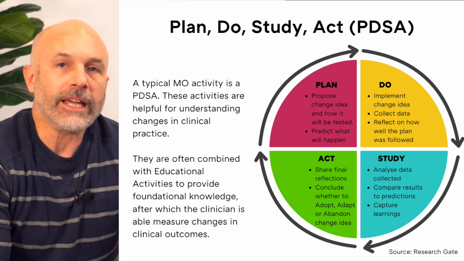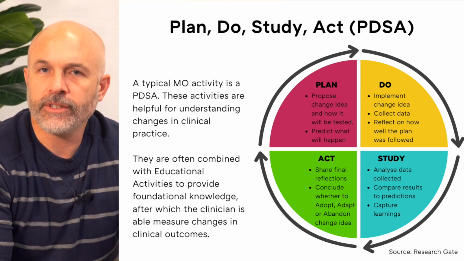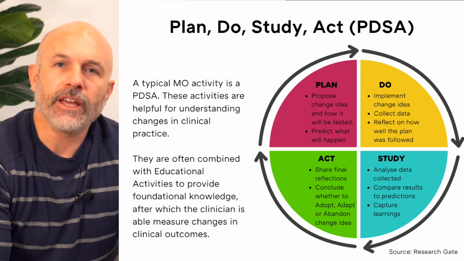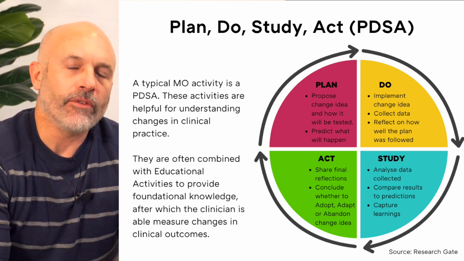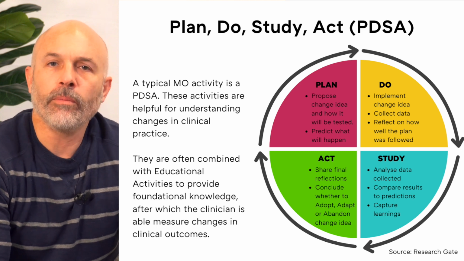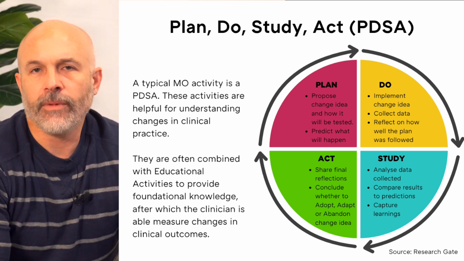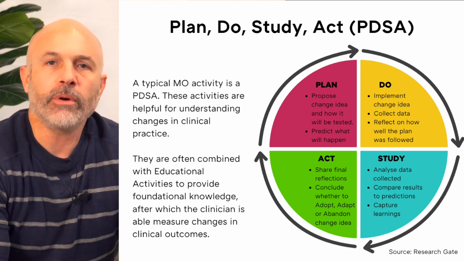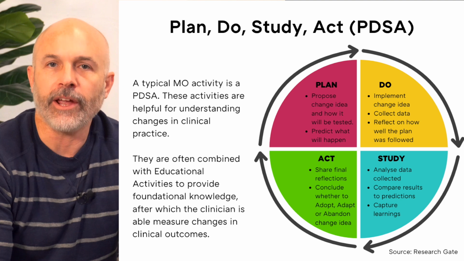Study is then reflecting on how that practice has changed their patient outcomes and measuring this against guidelines and peer-reviewed data. And then the final part of the process here is act, in which the doctor will then reflect on how those changes have improved practice and if there are other things that they should be incorporating in this clinical area. So hopefully that's helped to describe reviewing performance and measuring outcomes in a little bit more detail.